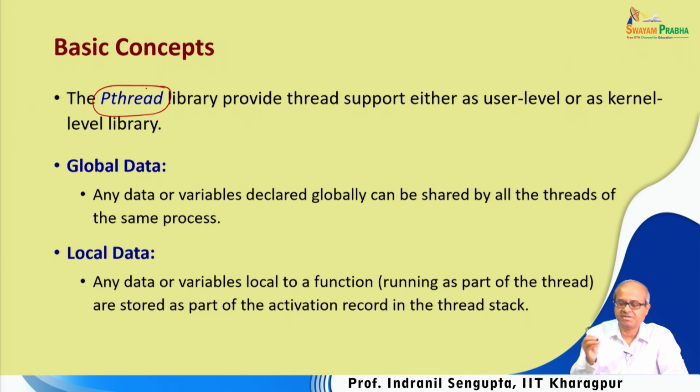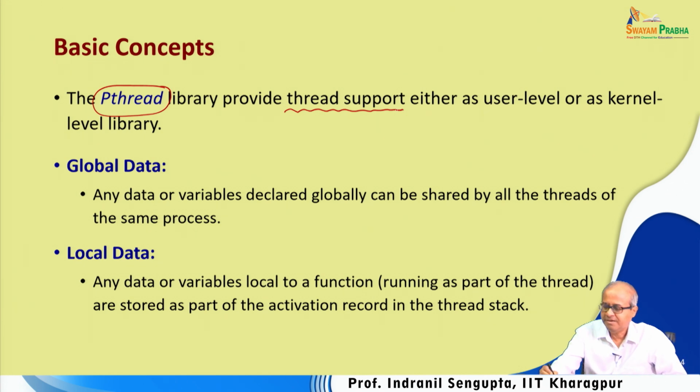Essentially, this pthread library allows your application to have multi-threading support. And as I said, you can have either user level thread or kernel level thread. Both versions are supported by pthread, right.